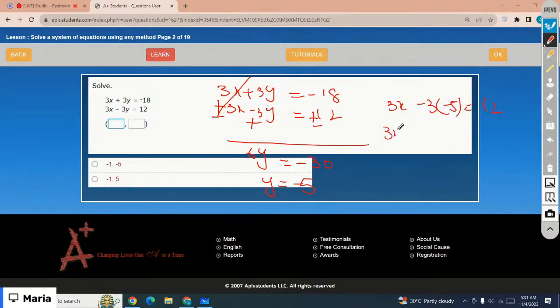So that would be 3x plus 15 equals 12. 3x equals 12 minus 15. 3x equals negative 3, x equals negative 1. So the solution of system of equations is negative 1 and negative 5.